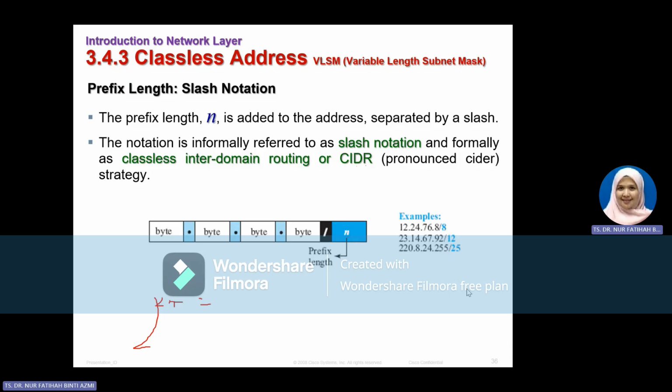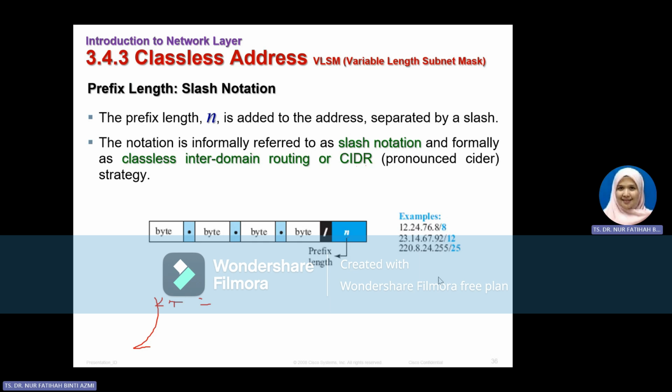Then the third one is for the small subnet. Slash 25 means that 25 bits are for the network part. The remaining is 7 bits for the host, as 32 minus 25 equals 7.